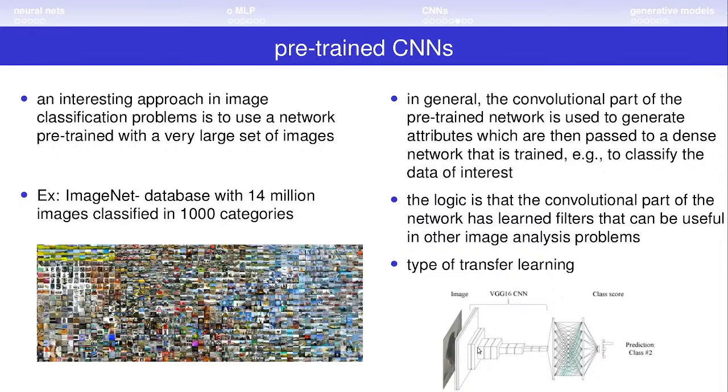The idea is that being trained with such a large amount of images, the network will learn a lot of interesting filters that might be useful for other problems involving images that are not in ImageNet. So it's very common, for example, if we are developing a project for galaxy classification using images, to use a pre-trained CNN, and add a multi-layer perceptron and then do the classification or the regression that we are trying to solve.